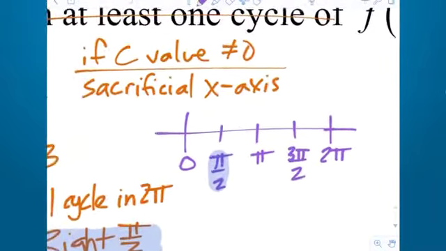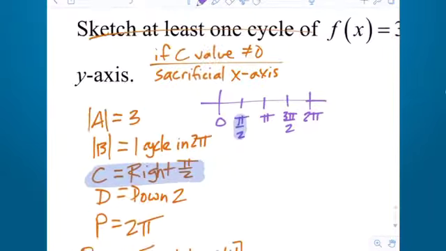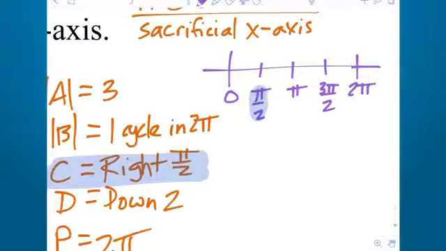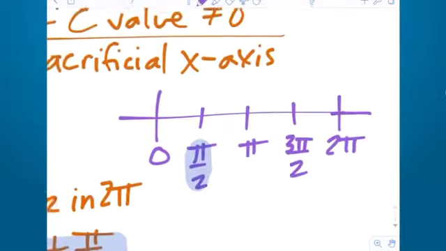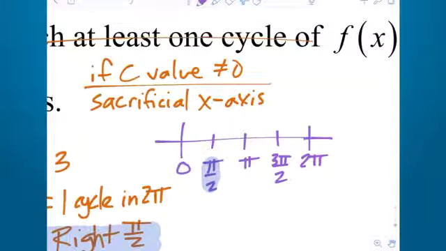Now here's what you can do. Your y-axis is normally at x equals 0. We're shifting everything right pi halves units. So our y-axis moves to the right from 0 to what? Pi halves. Now this is an easy shift. They're not always going to be this easy, but because it's the first one, I gave you an easy one.